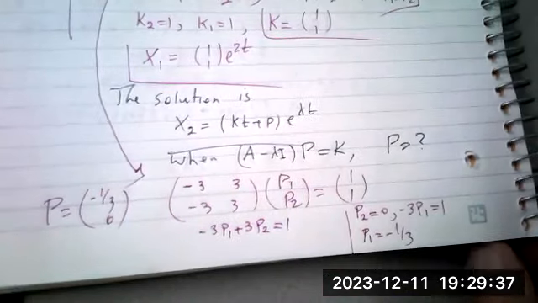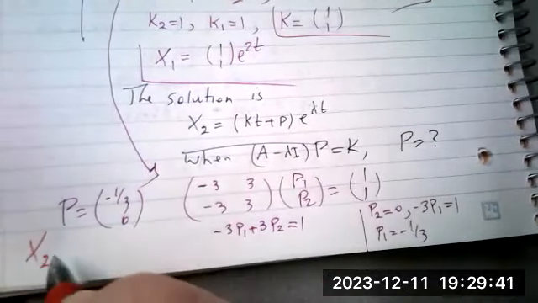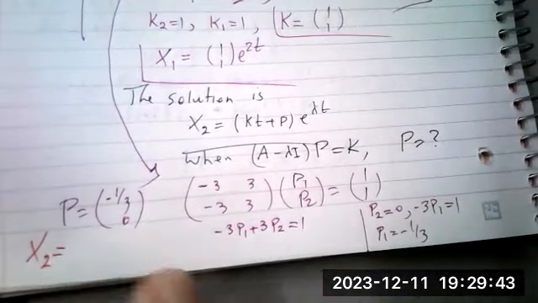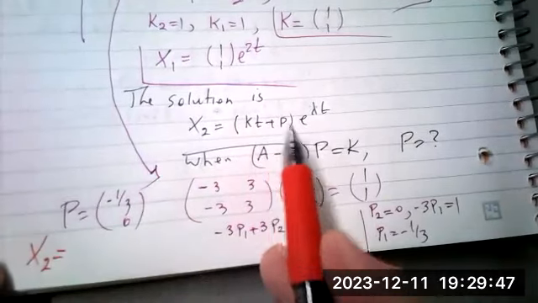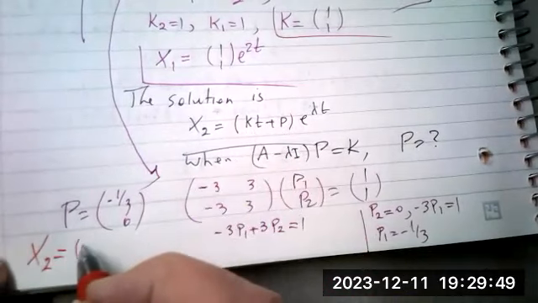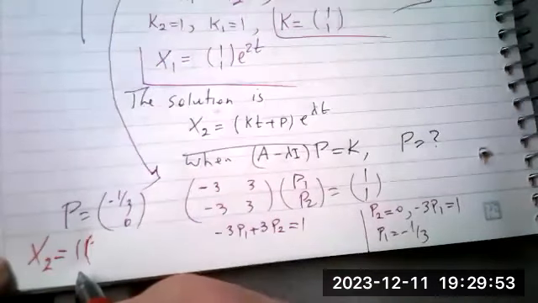If we put them together, we get the next solution. So x2 is going to be equal to, as we suggested here, kt. What is k?